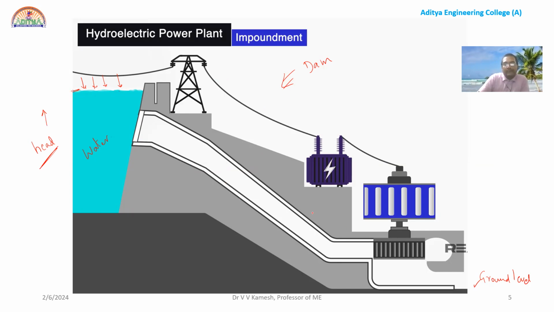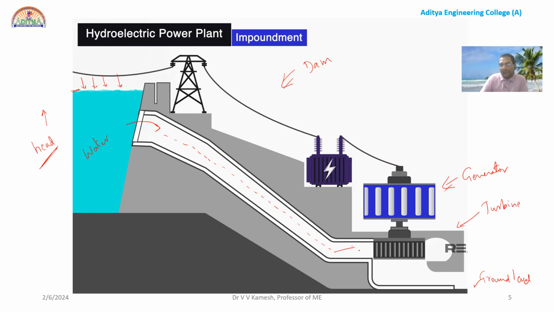Now, at the bottom you are seeing this is the generator. This is the turbine, right? Now, water at a high head or high altitude, we are opening through a pipe. So water will come. See, I am putting some dots. That means water is flowing.